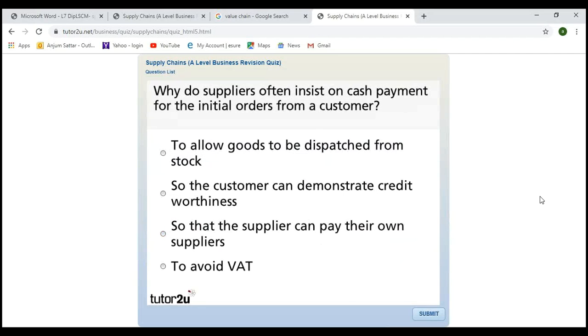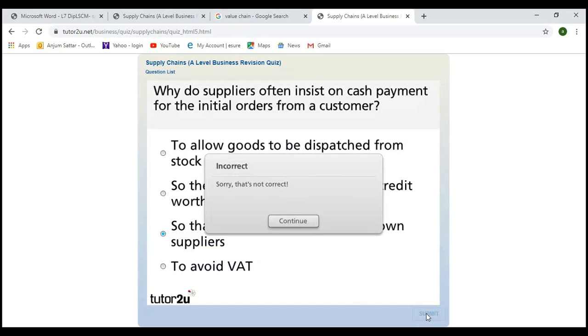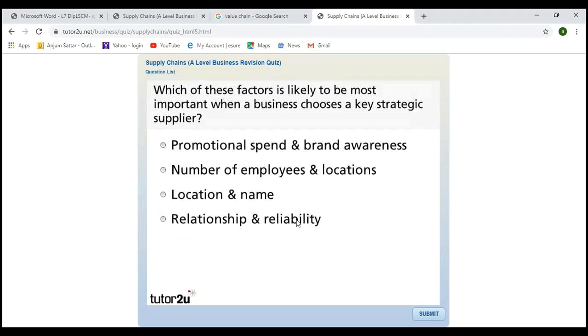Good. Next. So that the supplier can pay their own suppliers, I think. Sorry, which one? Third one, I guess. I think second one. Okay, no problem, we'll review.